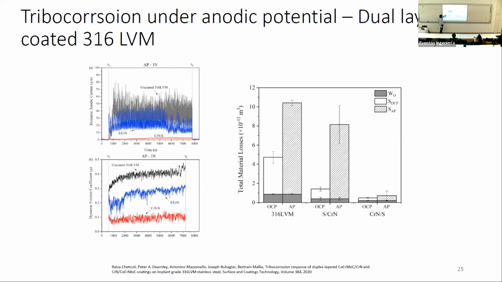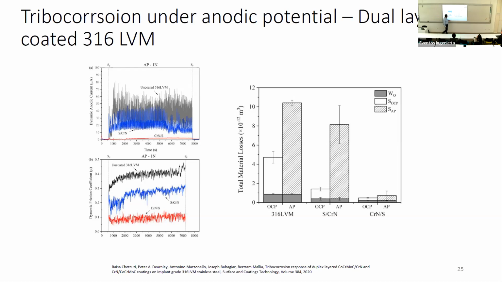Over here, we're seeing that under anodic potential, the current for the chrome nitride S coating, which is 316, cobalt chromolybdenum carbon, chrome nitride, remained low, and at the end of the test it went back down to 0.